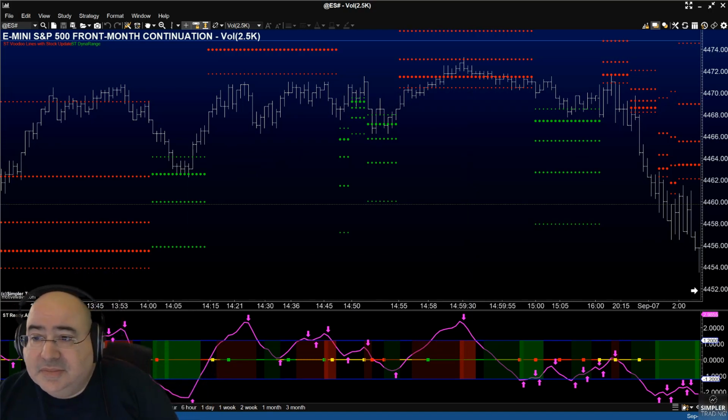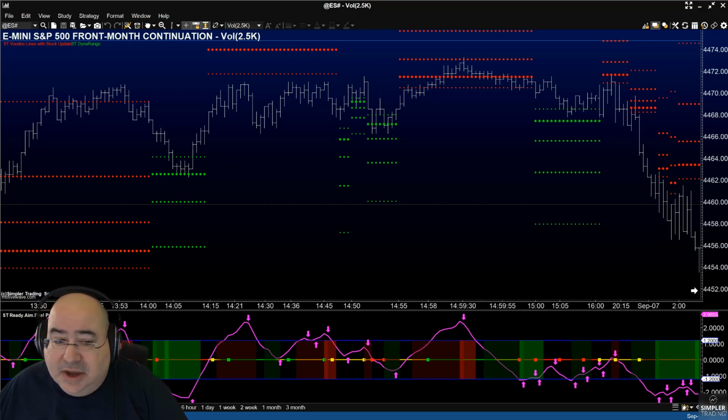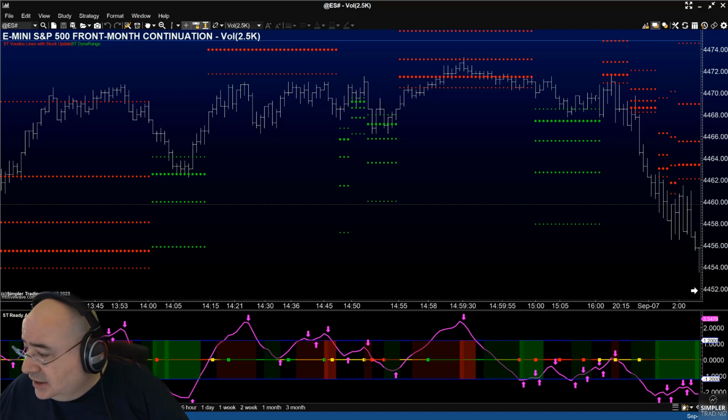In stocks, adjusting the time frame is an important element of the Ready.Aim.Fire Pro, and there are a lot of tips on how to set the time frame in the usage guide, which comes with the indicator.